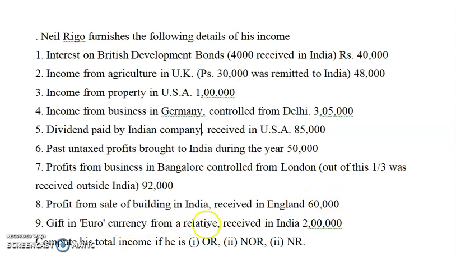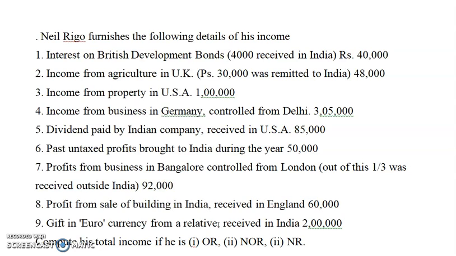Gift in euro currency from the relative received in India. So now any gift given by a relative is exempt from tax. I have already informed you regarding this. So here the amount is given, that amount is rupees 2 lakh. It may be any amount. When it is given by the relative, it is exempt from tax.